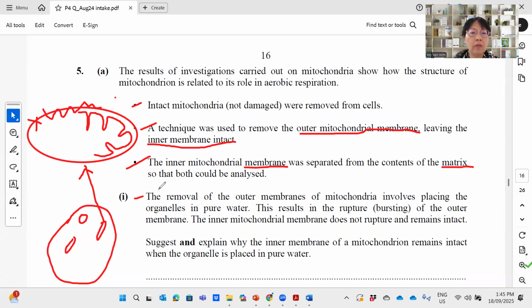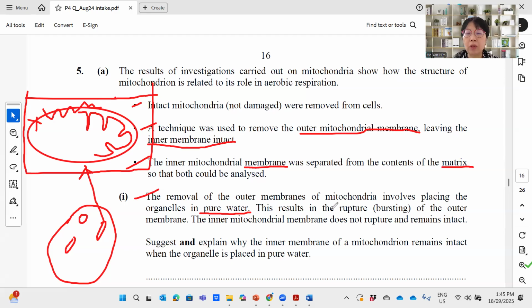separately. The removal of the outer membranes of mitochondria involves placing the organelles in pure water. So how do they remove the outer membrane? They put the whole mitochondrion into pure water, meaning psi equals 0.